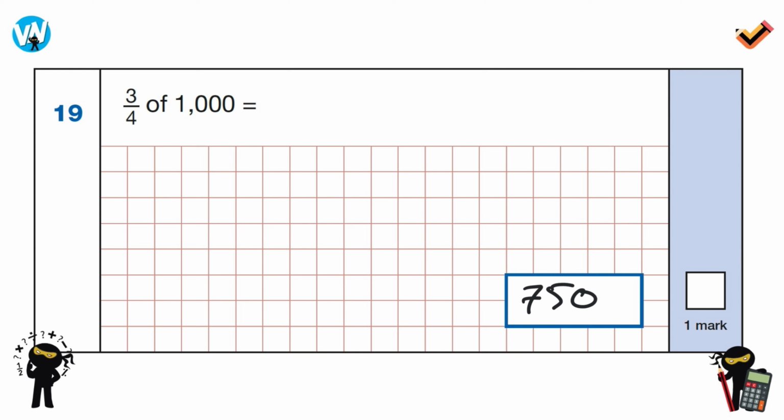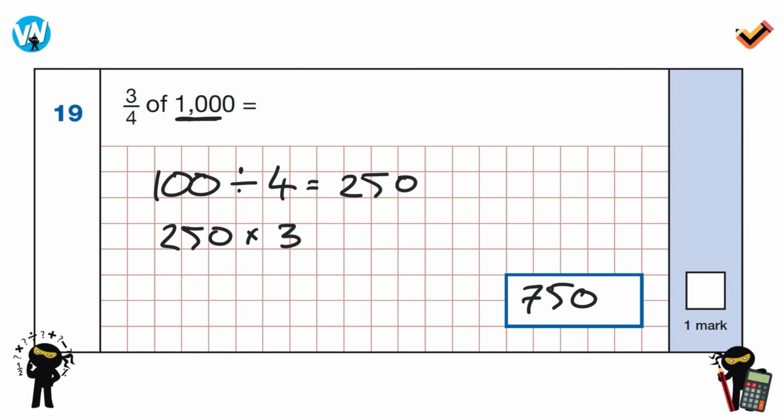But again, if we looked at 100 and asked how many 4s, 100 divided by 4 is 25. So 1,000 divided by 4 must be 250. So we've got 250 times 3, which is going to be 750.